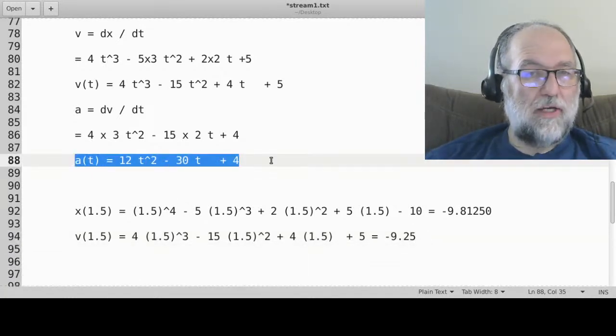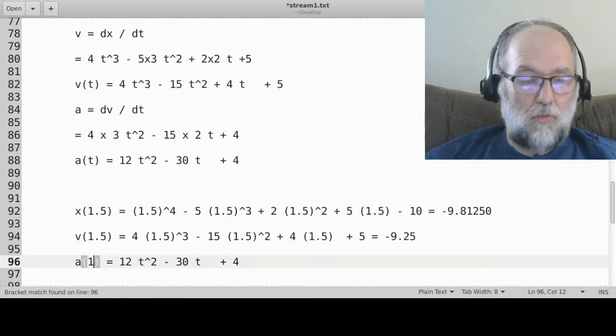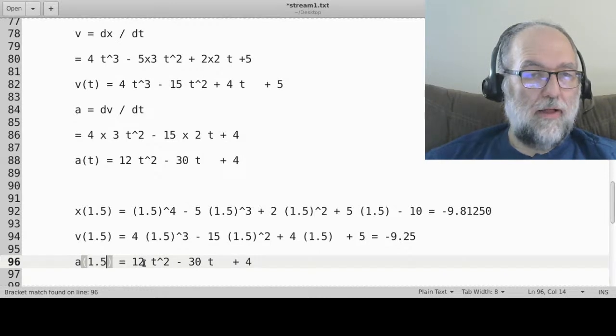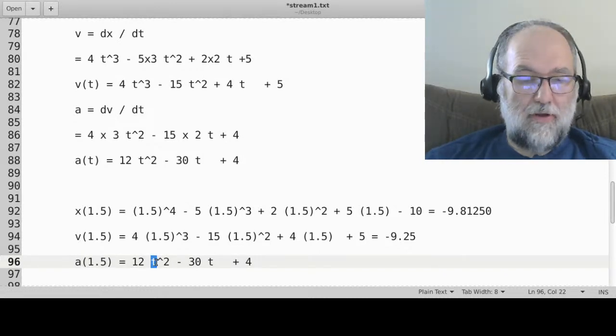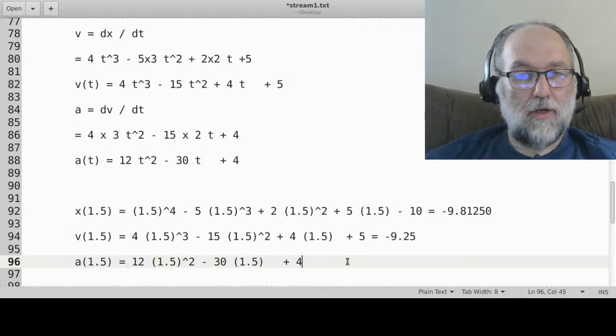And then finally, the acceleration as a function of time, calculated at 1.5 seconds. Just put in 1.5 for all of those t's, and you're going to get the answer, negative 14.